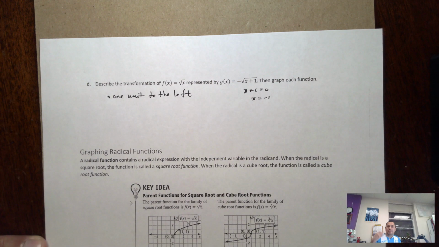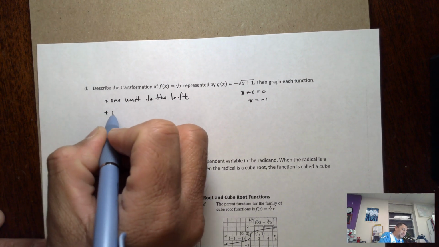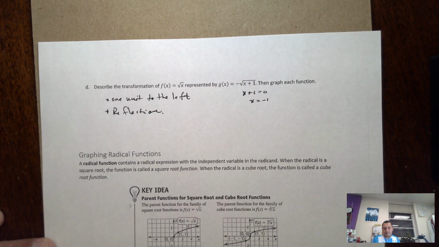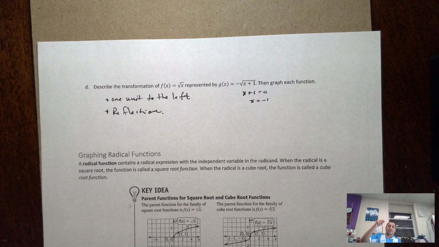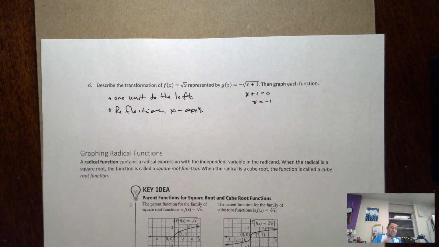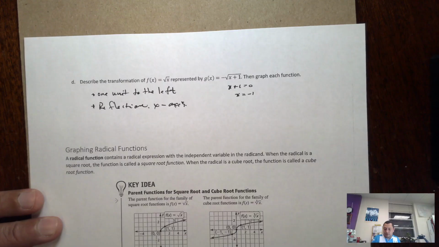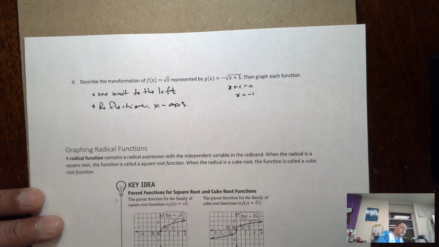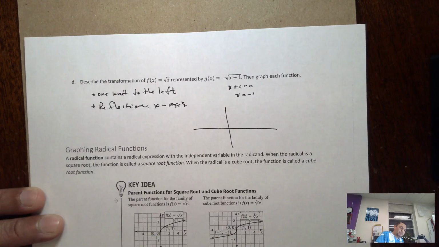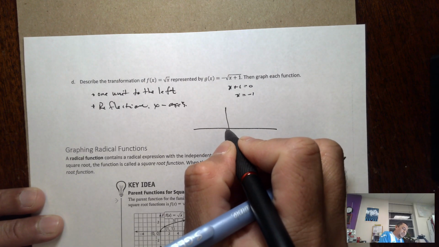So we're going to have a reflection, okay? And in this case, it's a reflection in the x-axis. We're going to learn that one with the table in a moment. We're just doing a review. So it says graph each function. So what I'm going to have is the following. This is my square root of x.